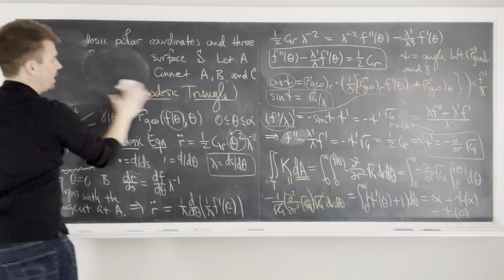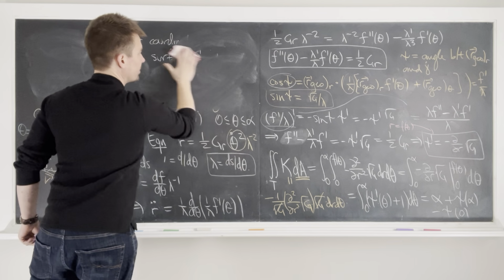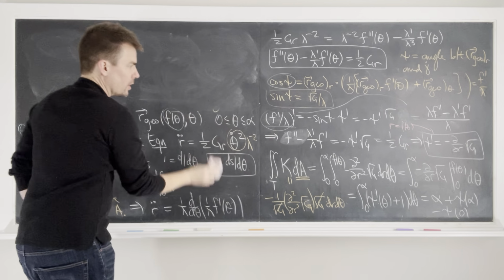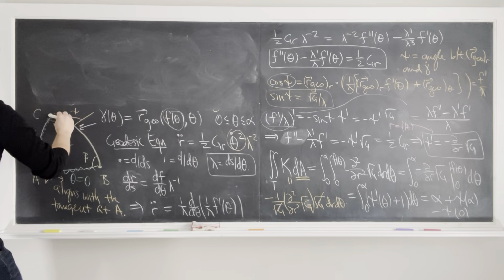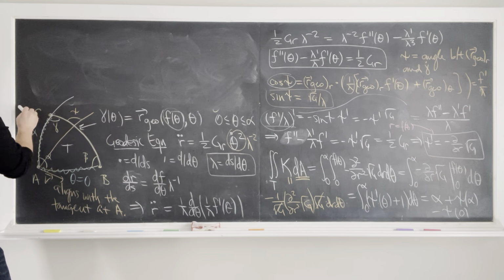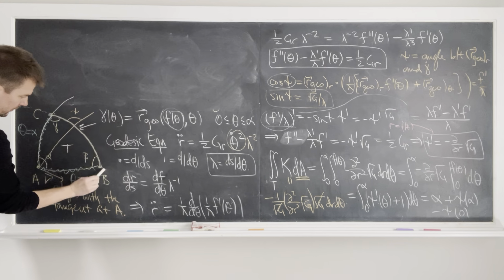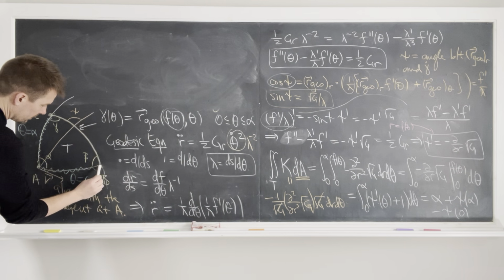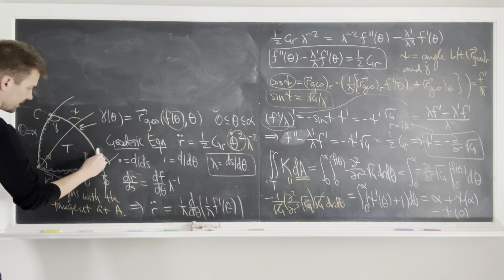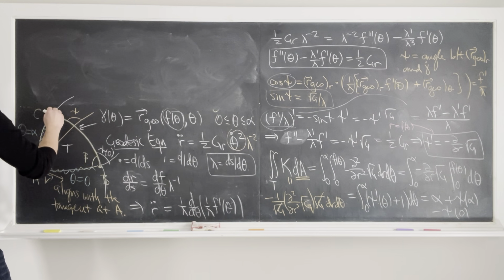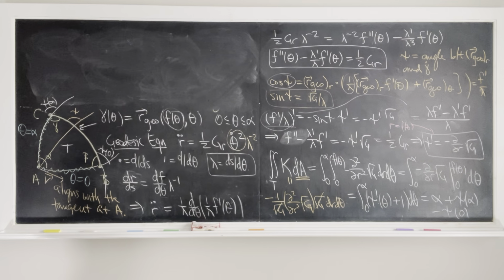So that allows us to get the following relationship for this geodesic triangle. So what's our main conclusion from this? So what is psi of alpha? If I look at this over here, this angle over here is psi of 0, and this angle over here is psi of alpha, right? Good.